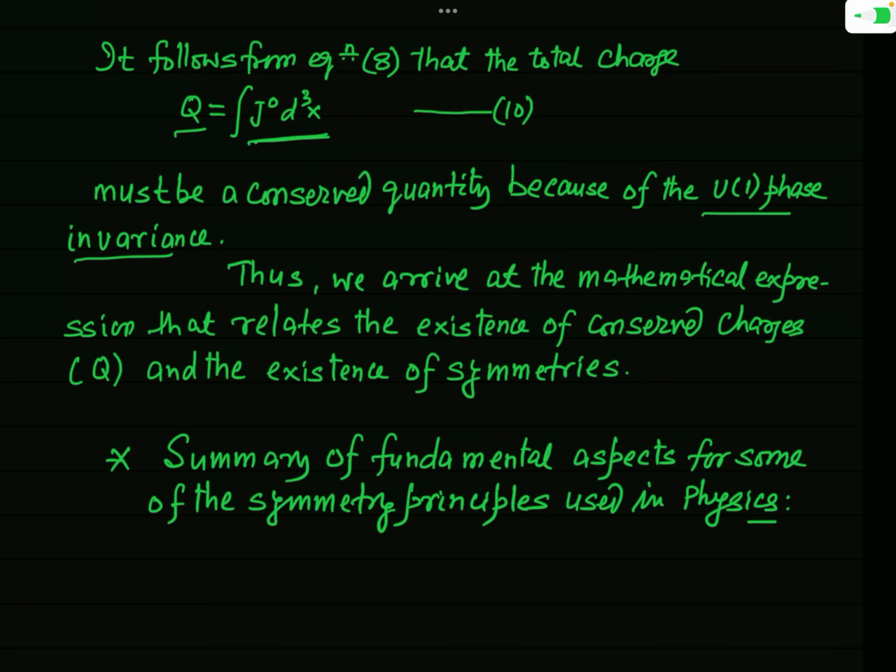So what you have seen here is that charge is a conserved quantity, and this conservation corresponds to the U(1) phase invariance. Okay, so finally we arrive at the mathematical expression that relates the existence of conserved charges Q and the existence of symmetries.